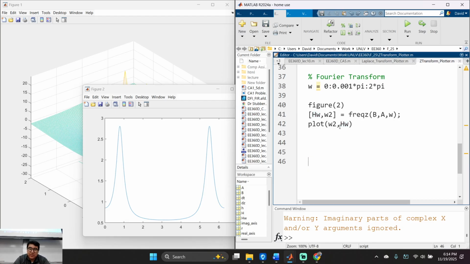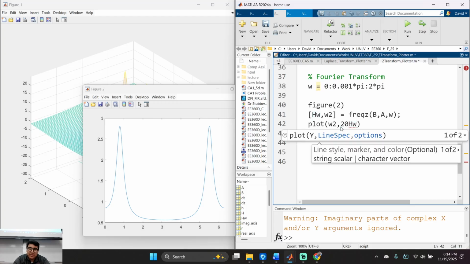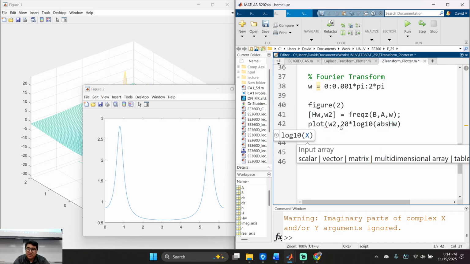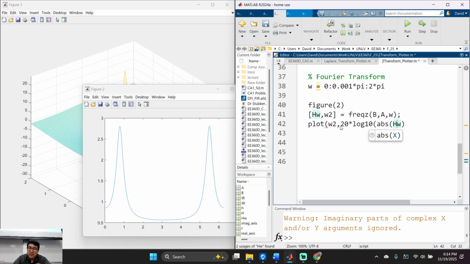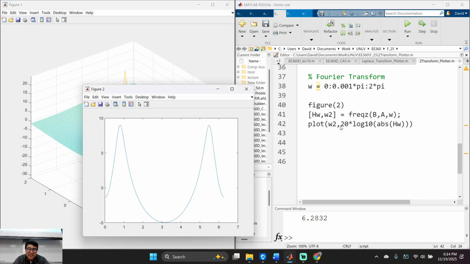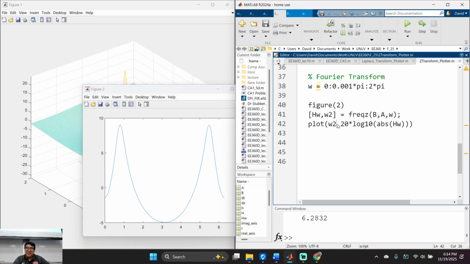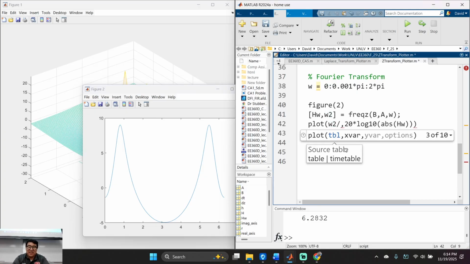And then 20 times log 10 of the absolute value of H omega. There we go. Is that good? There you go. Looking better. But then I don't like this, so let's just divide this by pi.